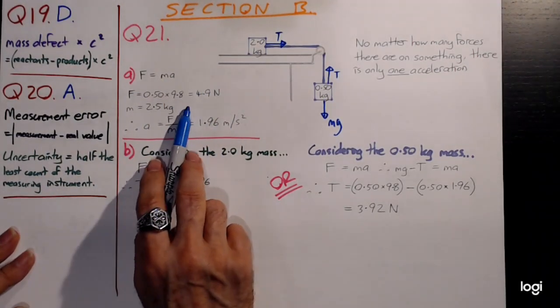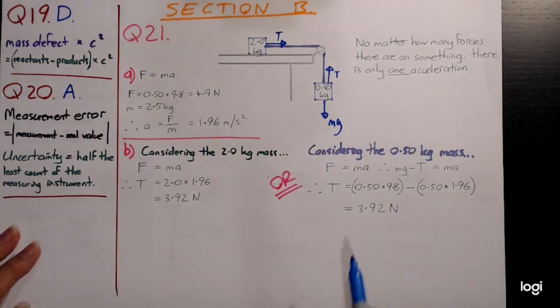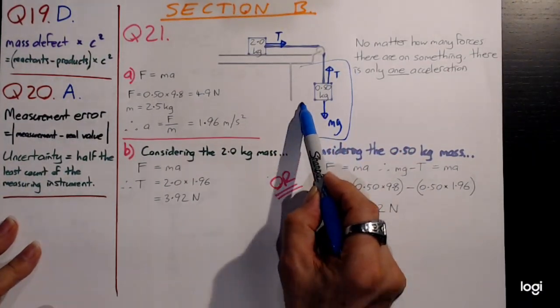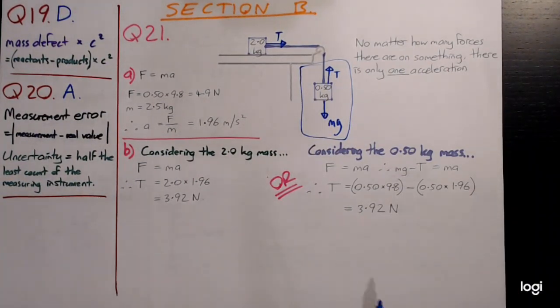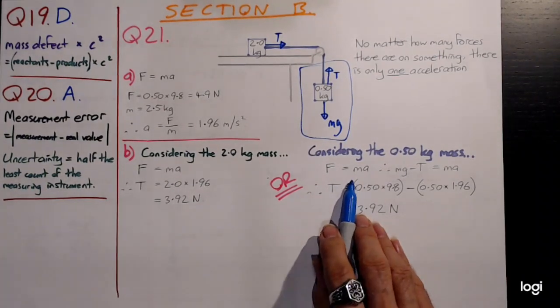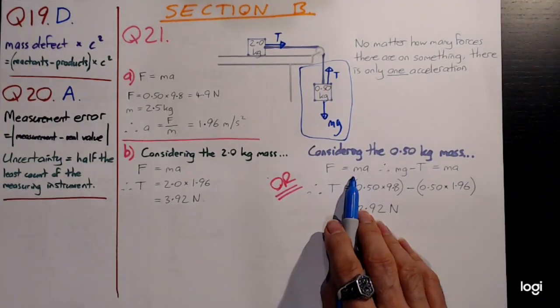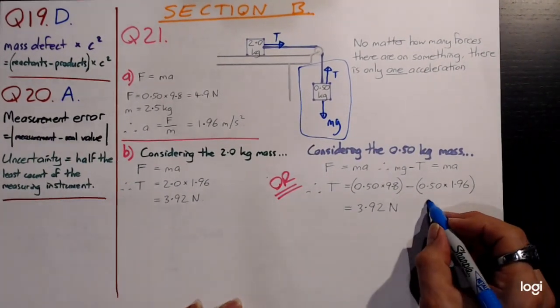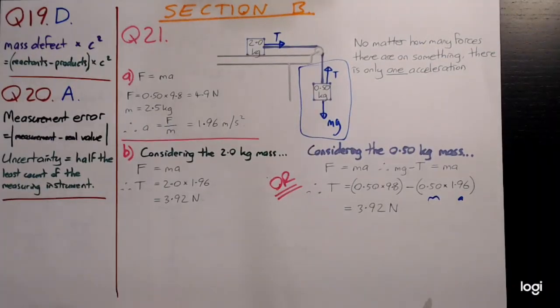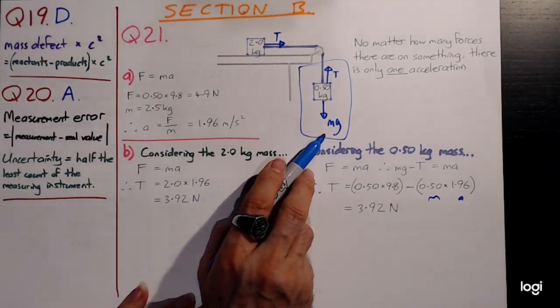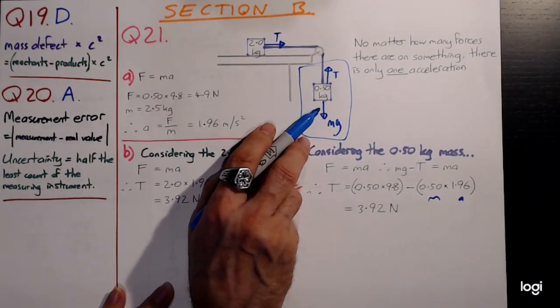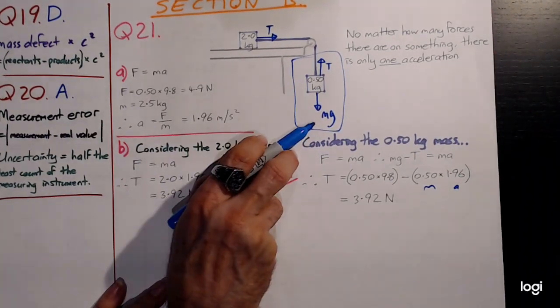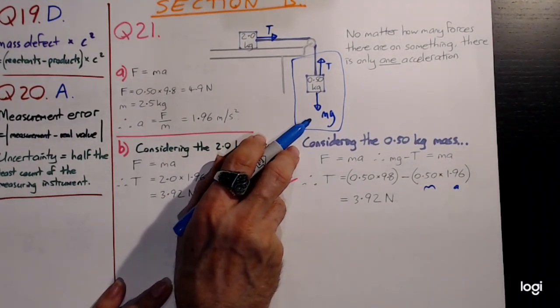We didn't have to go plus tension minus tension here. So if you're just considering that, you're still doing F equals ma. There's one A and there's one M. So that's the ma. But in this case, the forces are mg minus T. There's a force pulling it down, there's a force pulling it up, and this one's winning because it's accelerating down.